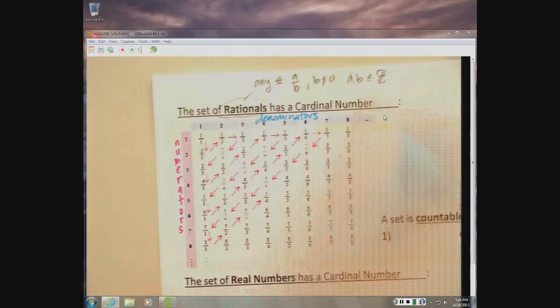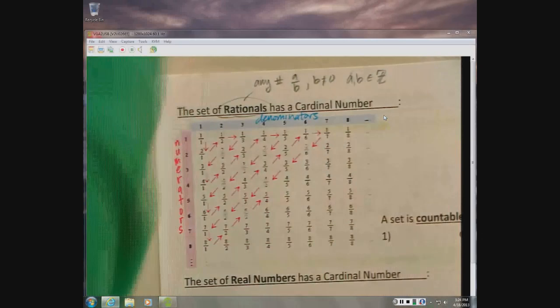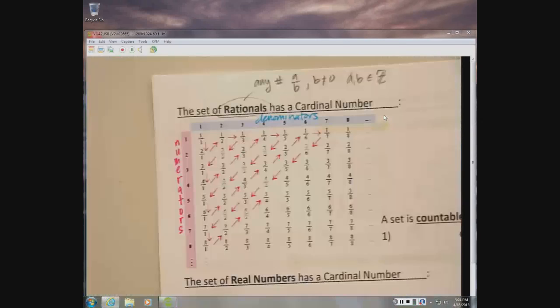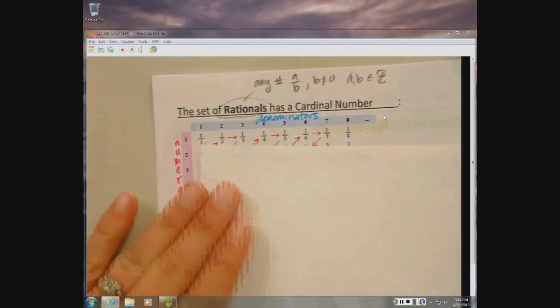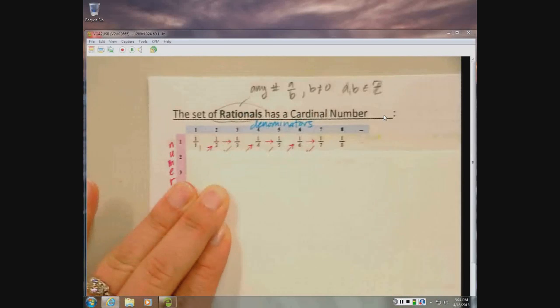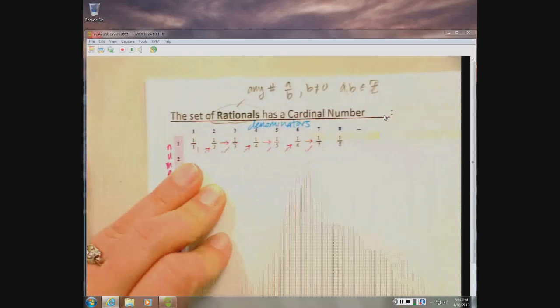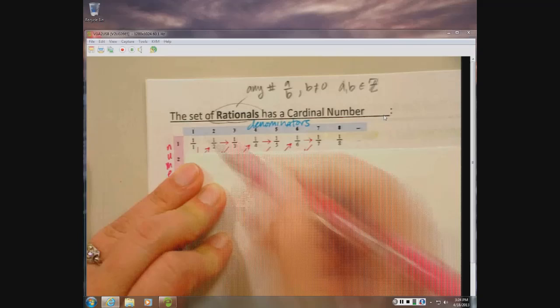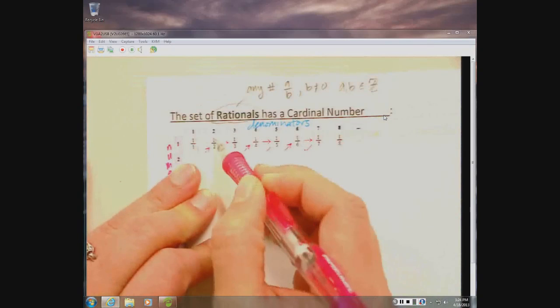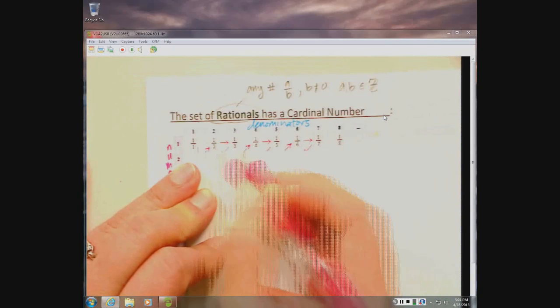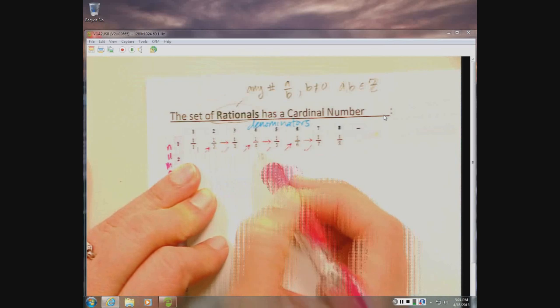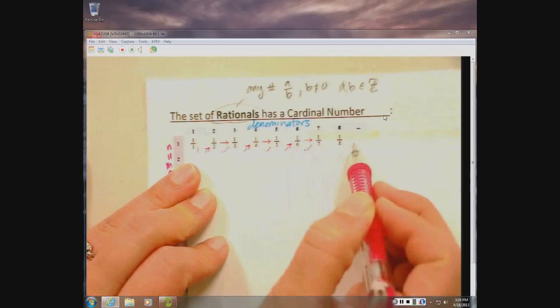And if I look at this list, just cover this up. What I have here is every single fraction that has a numerator of 1. So my numerator is 1, denominator is 1. Numerator is 1, denominator is 2. Denominator is 3, denominator is 4, 5, 6, 7, 8, and so on.